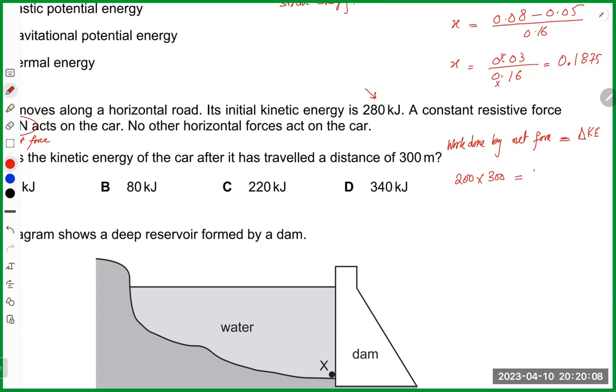So that is 280,000 minus x. So here we go. x equals 280,000 minus 60,000. x equals 220,000. 220 kilojoule.